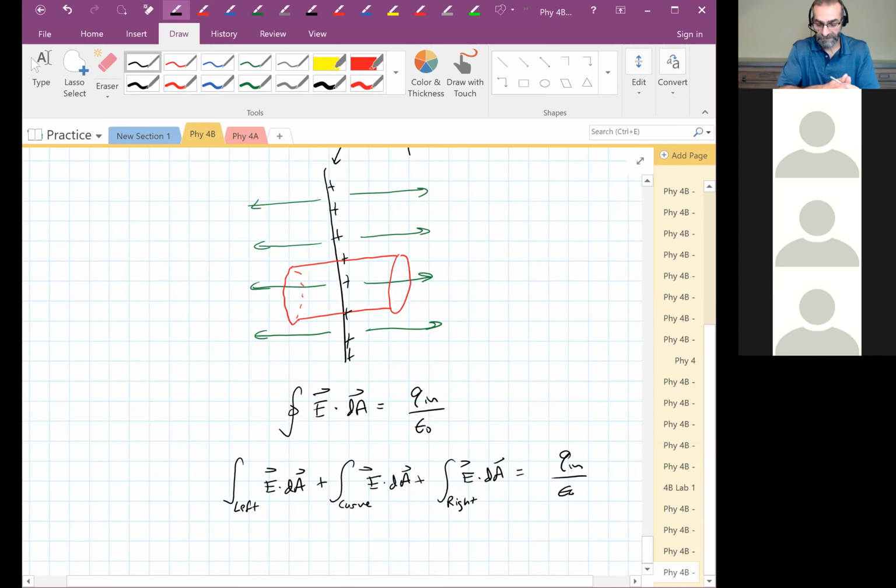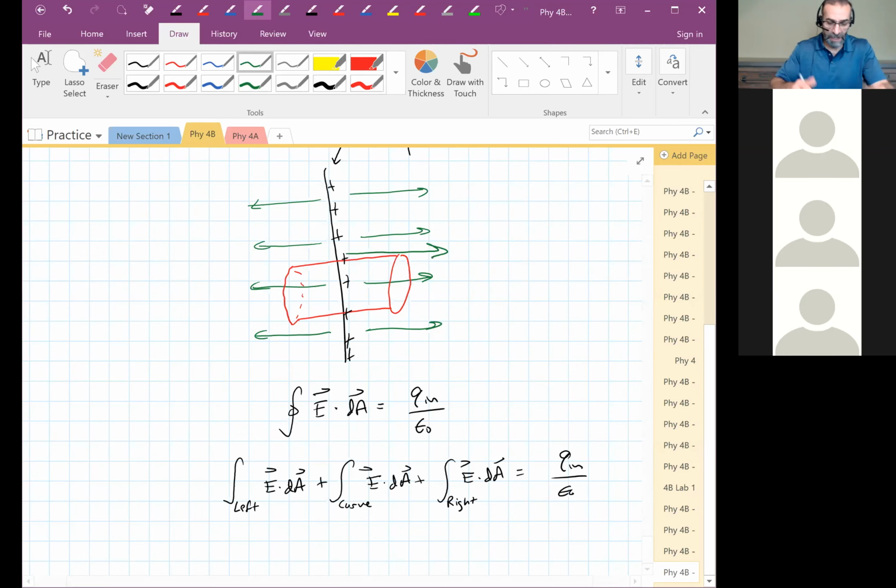Okay. The integral over the curved surface is zero. Your electric field lines are coming out like this, and they never penetrate that curved surface, right?